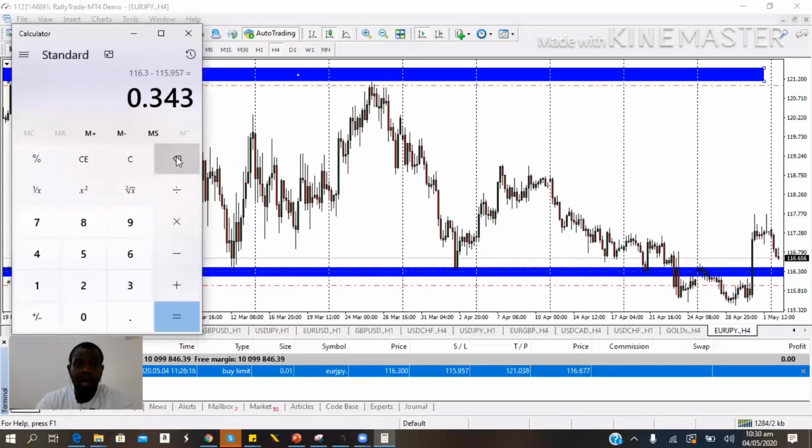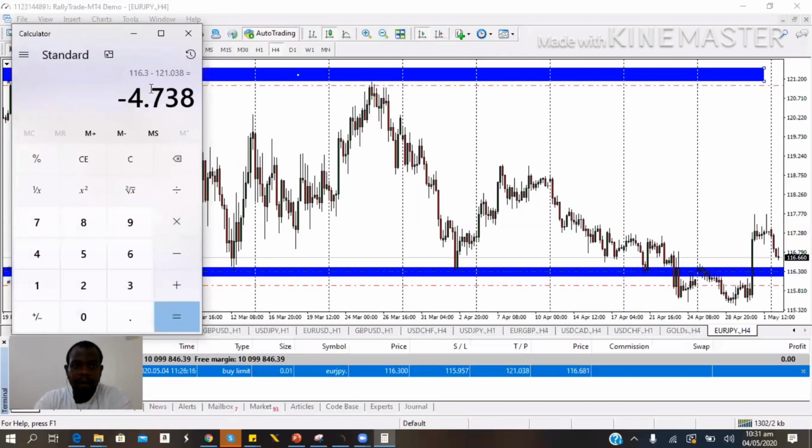So now let's calculate the take profits. Let's see how many pips we're aiming at. 116.300, which is our entry price, minus our TP, which is 121.038, equals to.